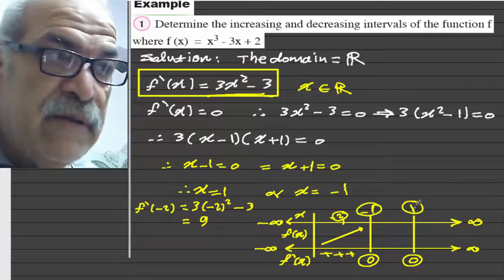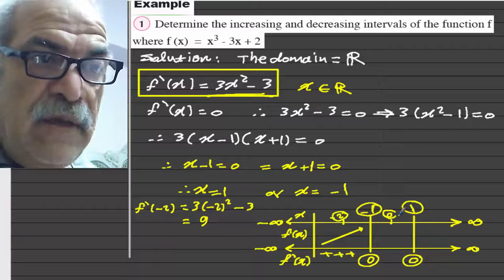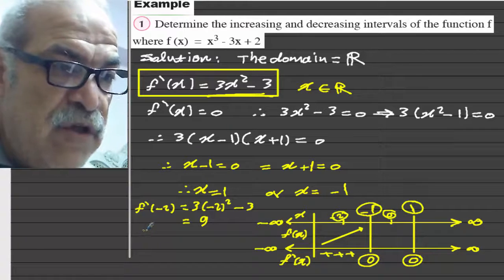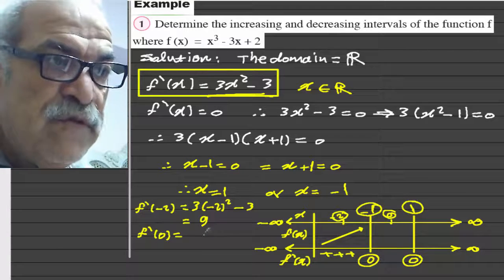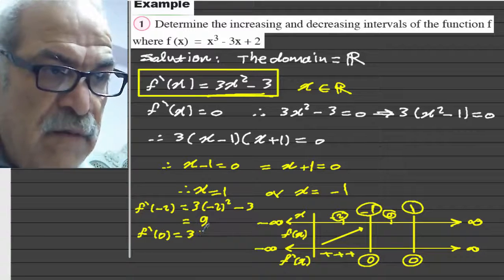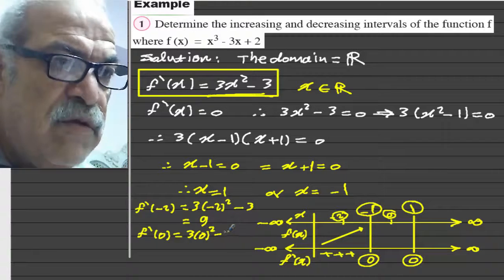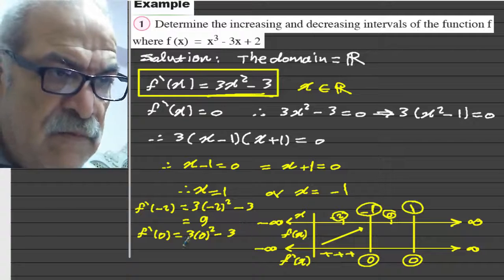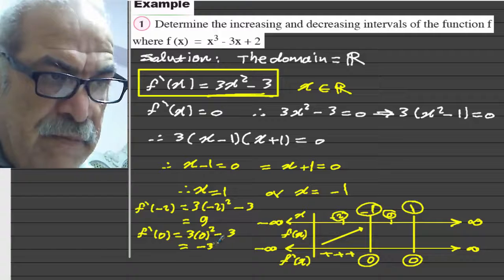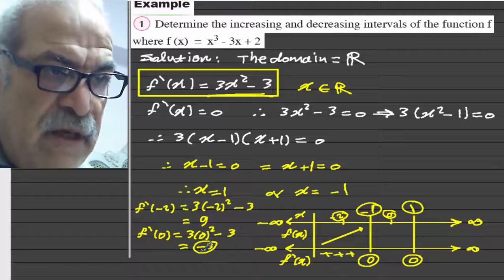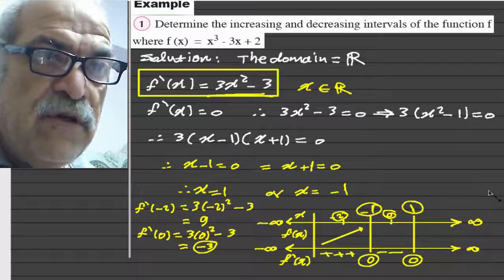So we will take 0 and we calculate f dash of 0. F dash of 0 equals 3 multiply 0 power 2 minus 3, which equals -3. What is the sign here? It is negative.